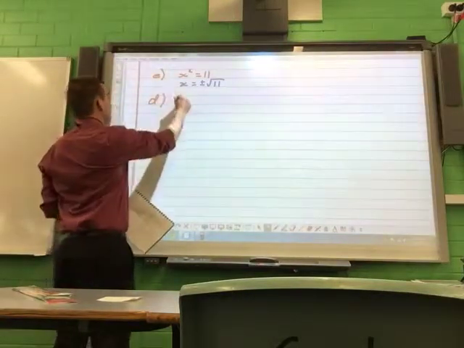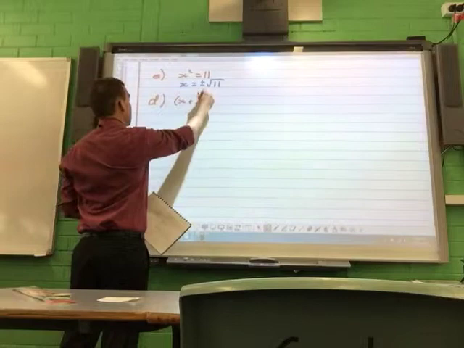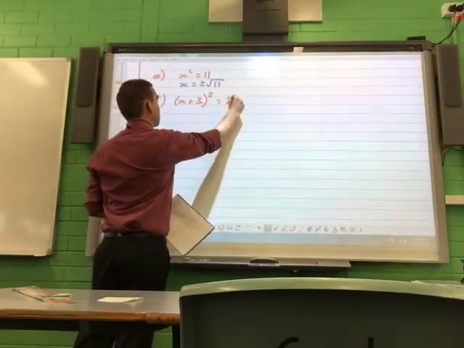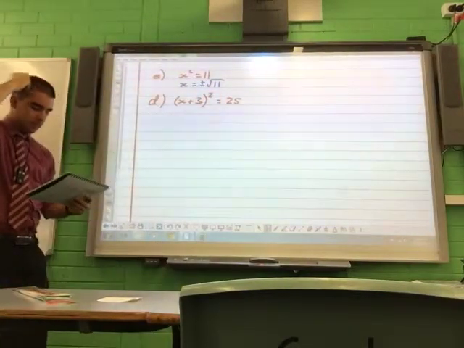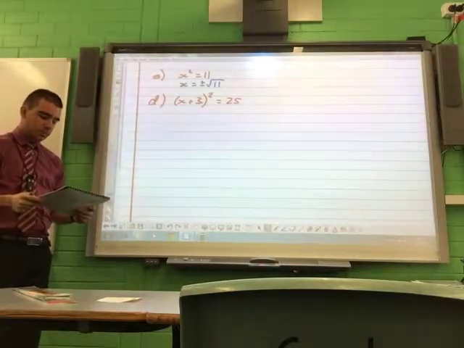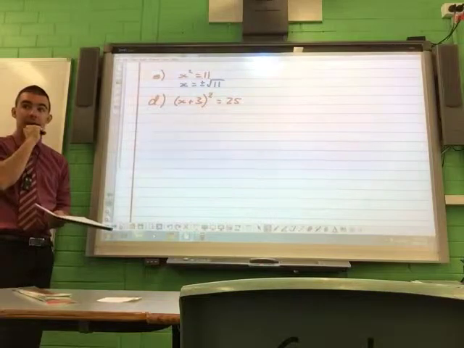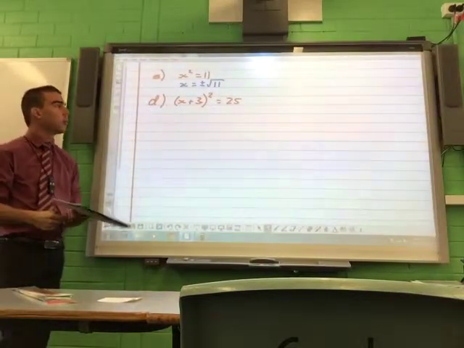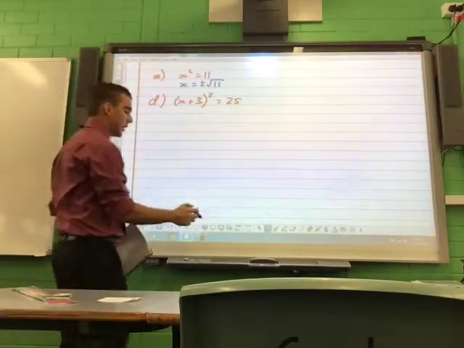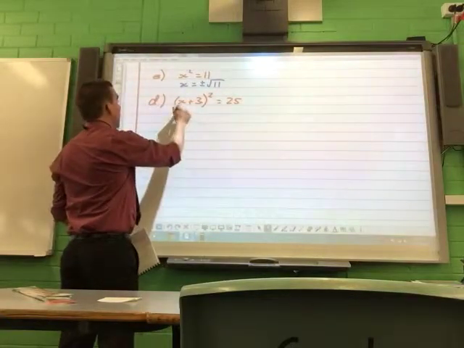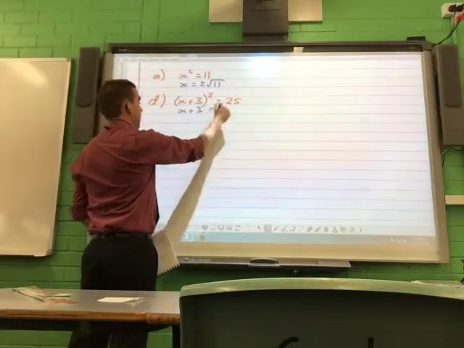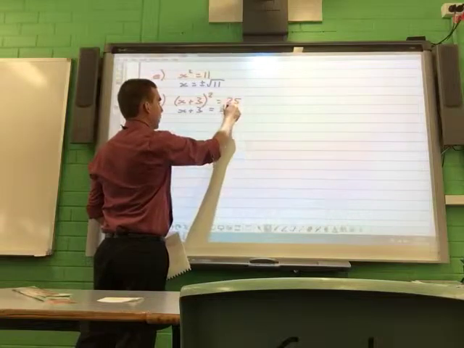So x plus 3 all squared is equal to 25. Okay, what would be the first thing you do here? Take the square root because I have a square number on this side. So x plus 3 is going to be plus or minus the square root of 25.